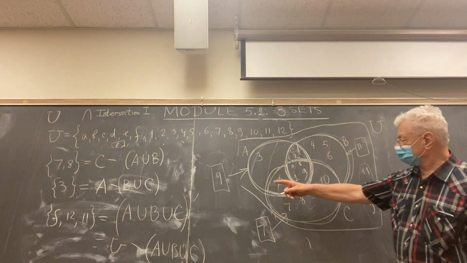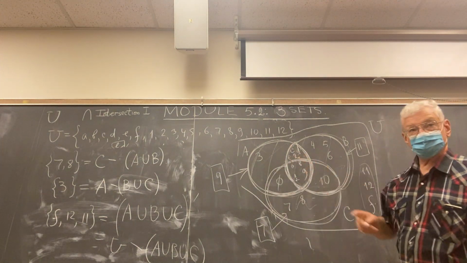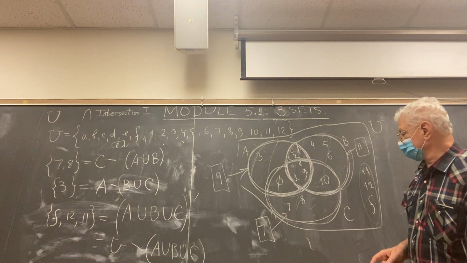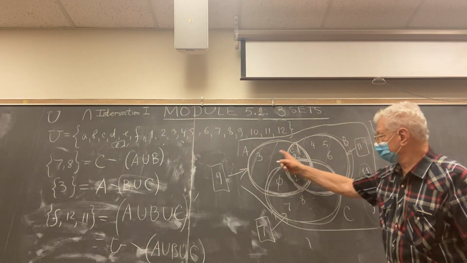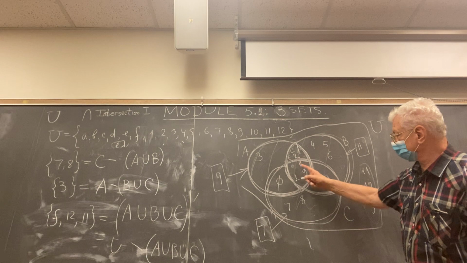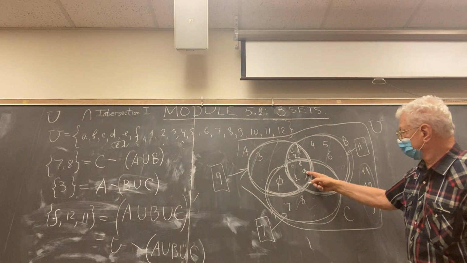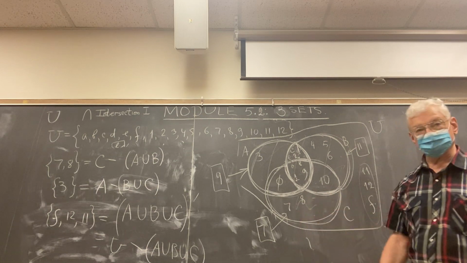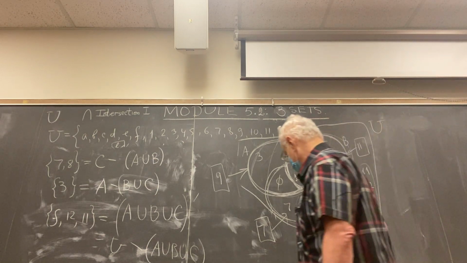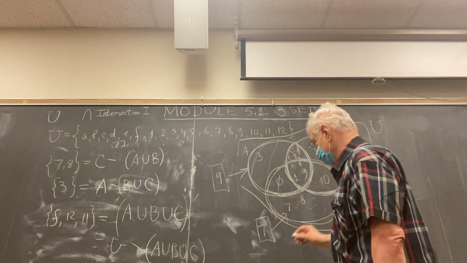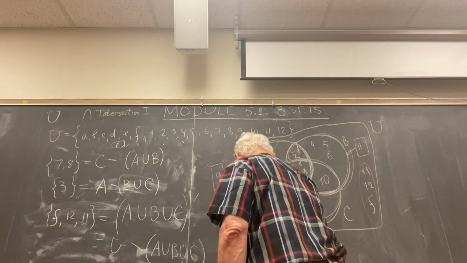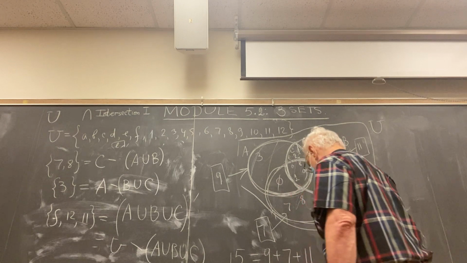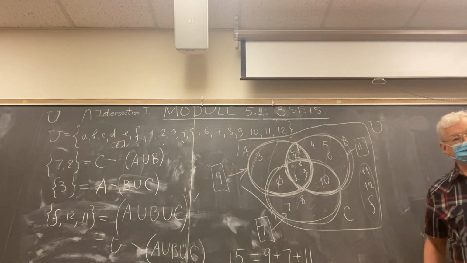So how many elements are altogether? 27? No. Let's look. 1, 2, 3, 4, 5, 6, 7, 8, 9, 10, 11, 12, 13, 14, 15. Only 15. How did I get 27? Because you added the numbers together. But you said you add 9 plus 7 plus 11, right? Okay, it's not true.